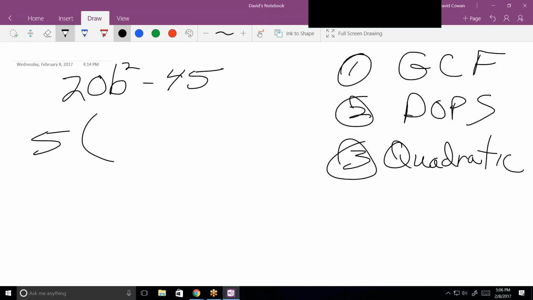Leaving, what is that? 4v squared. I just realized you said Z, but we'll use B. Doesn't matter. Minus what? Minus 9. Okay. Now, after we've pulled out the greatest common factor, continue to check and see if difference of perfect squares applies. Okay. Does it?